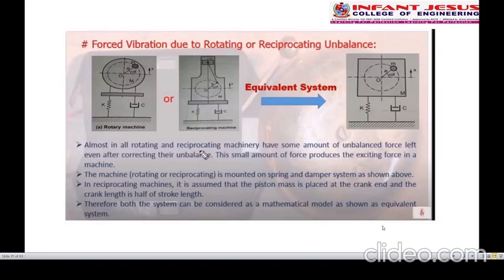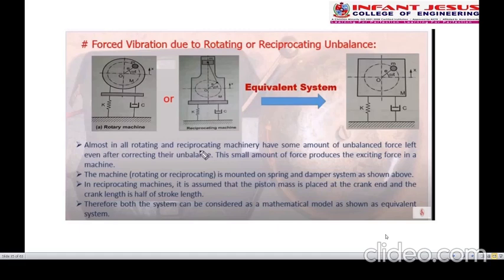So now we are going to see about the forced vibration due to rotating and reciprocating unbalance. That is the forcing caused by the unbalance. Generally all the rotating and reciprocating machineries like motor, turbine or any engine have some amount of unbalanced force. Already in the second unit we have studied about the unbalanced forces.